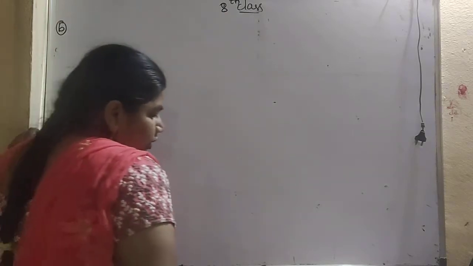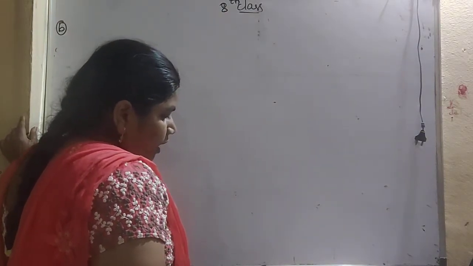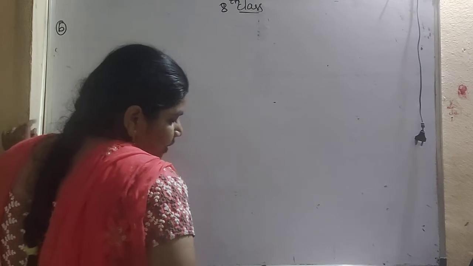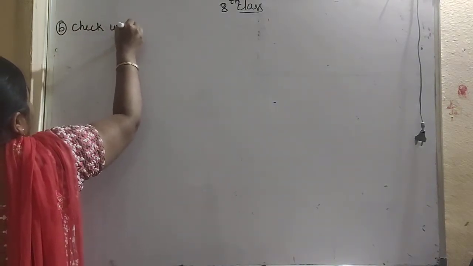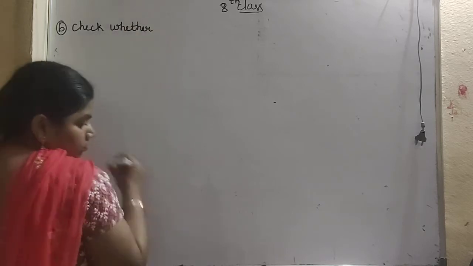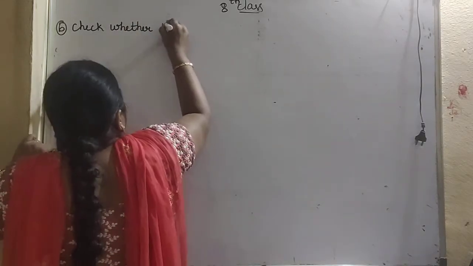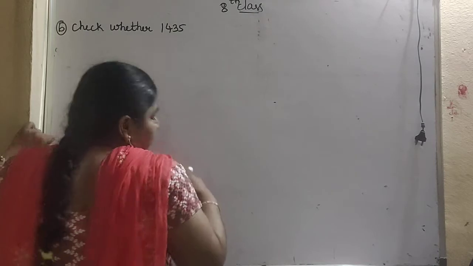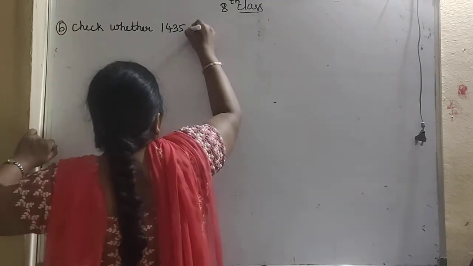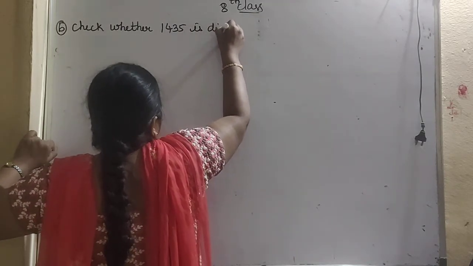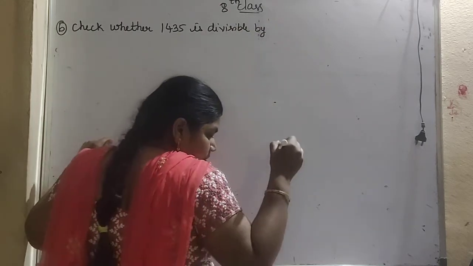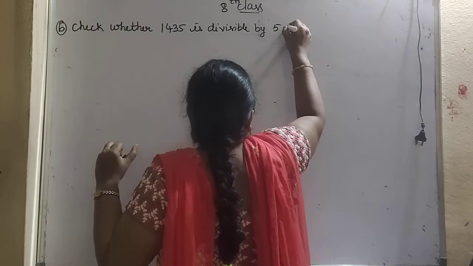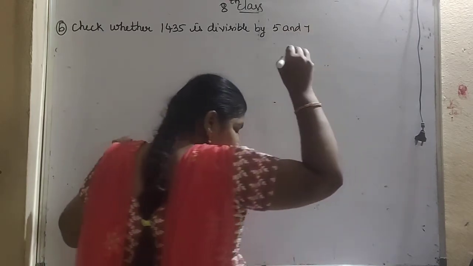What is the sixth question? Check whether 1435 is divisible by 5 and 7.